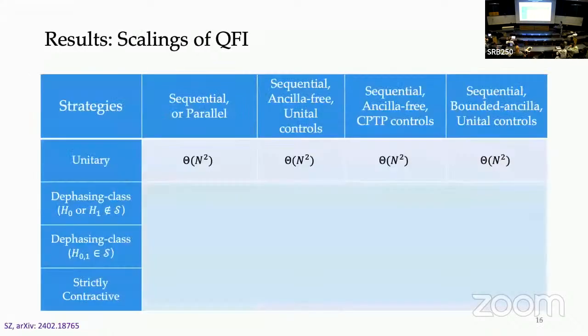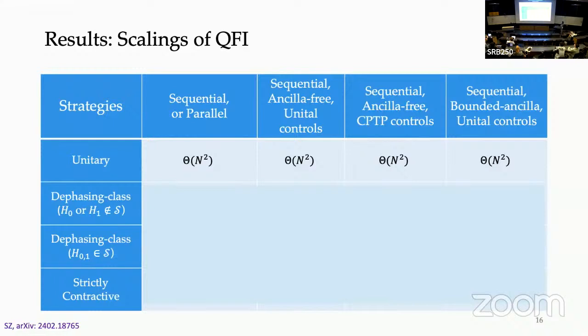Okay, so here I'm going to show the result in this table. On the horizontal line, I have different strategies. The first one is the sequential parallel strategy, and the other three are the restricted types of strategy I consider. And in the first column, I have four types of qubit channel.